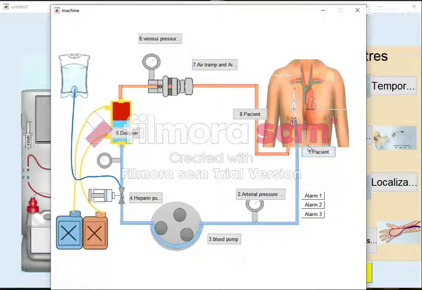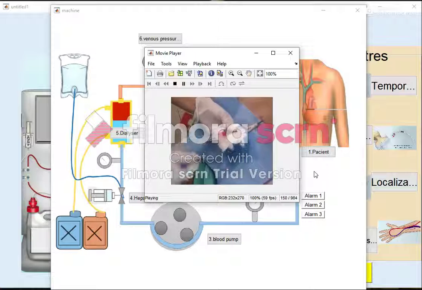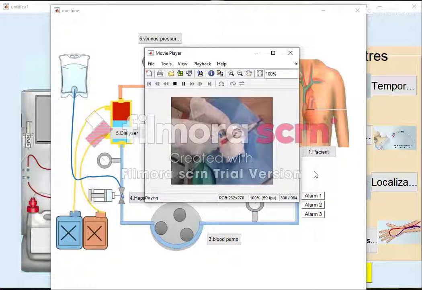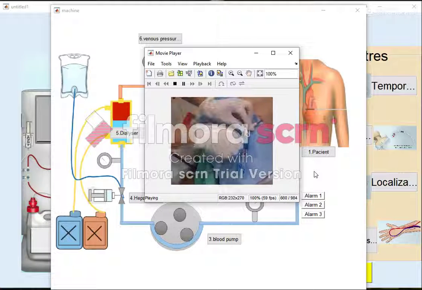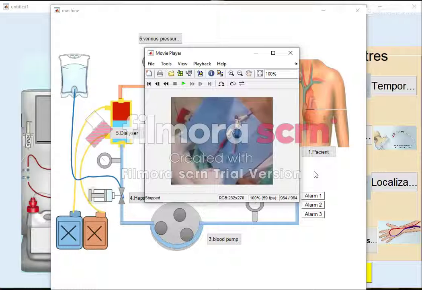In this short video, we can see the connection of the patient with the hemodialysis machine, and the connection of the catheters in the patient. In this case, it is a temporary catheter.